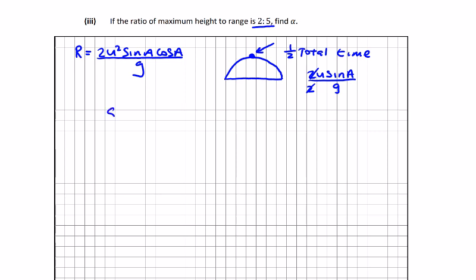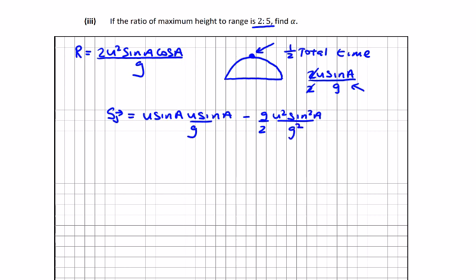So we want the displacement in the j direction at this time. The displacement in the j direction: u sin a is the initial velocity, times t, where t is u sin a over g, minus a half at squared, so minus g over 2 times u squared sin squared alpha over g squared.